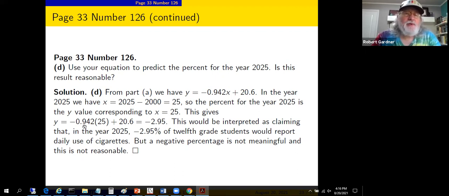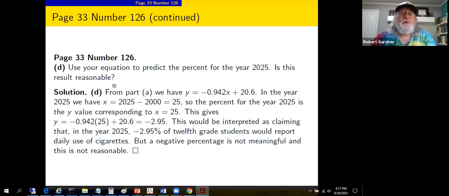We get y equals negative 0.942 times 25 plus 20.6. Do the computations, you'll get negative 2.95. Mindlessly plowing ahead, this would be interpreted as claiming that in the year 2025, negative 2.95% of 12th grade students would report daily use of cigarettes.